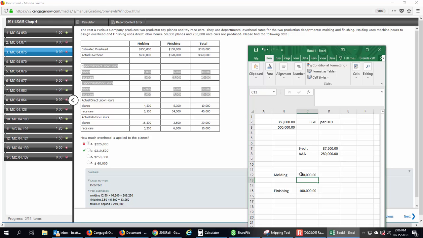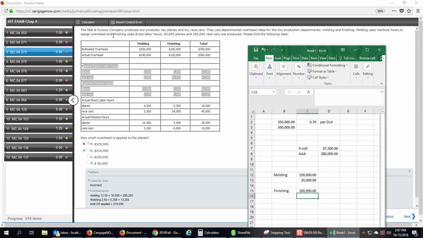So machine hours are 20,000 machine hours, it looks like. For this department, expected machine hours for that entire department would be that, it looks like. We don't have any other numbers, so that's about the best we can do.